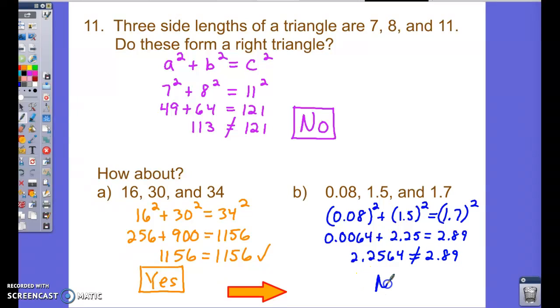And it turns out that no, the left side is not equal to the right side, so it would not be a right triangle, even though the 8, 15, and 17 might jump out at you as something called a Pythagorean triple, which applies to right triangles. Basically, what it boils down to is the decimal is in the wrong place with that 0.08. So these are three examples where we're given side lengths of triangles, and we use the Pythagorean theorem to test to see if it is in fact a right triangle.